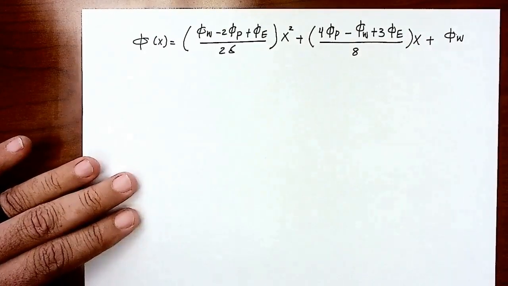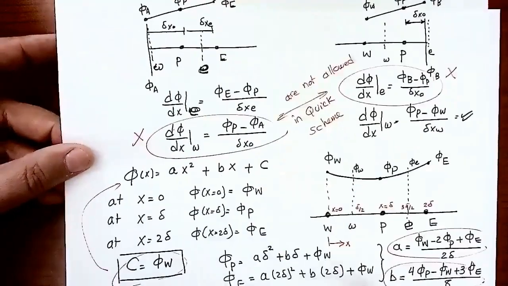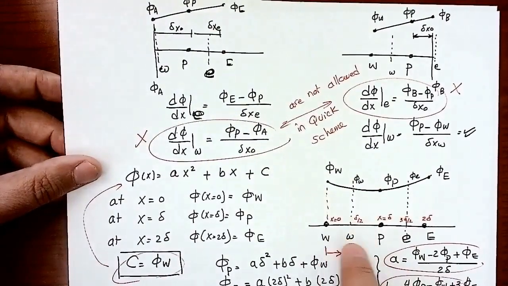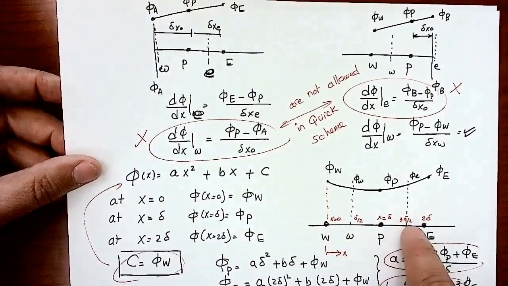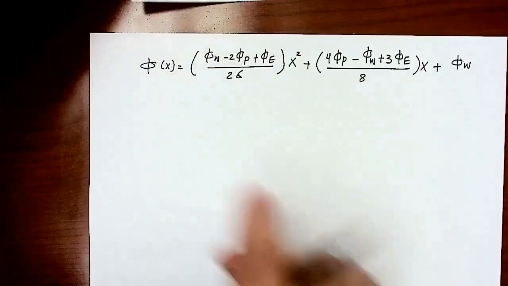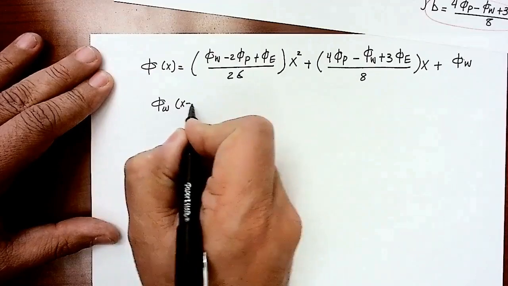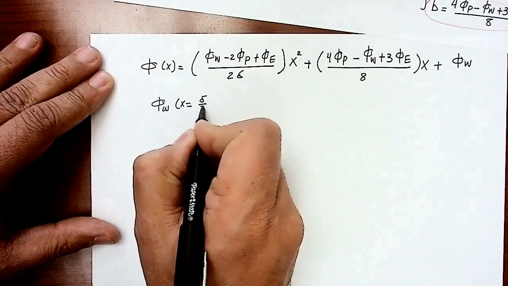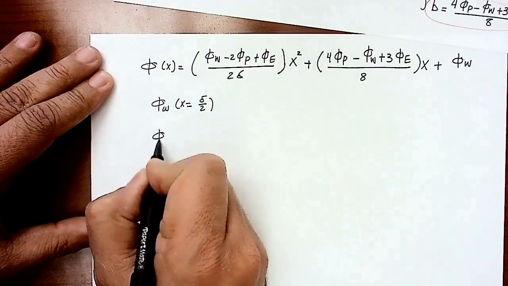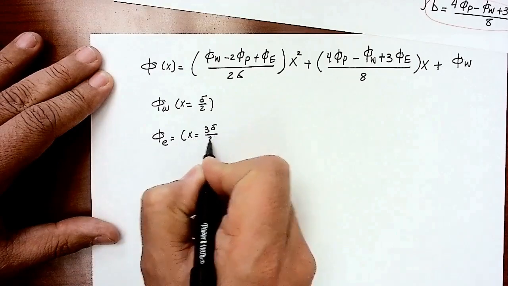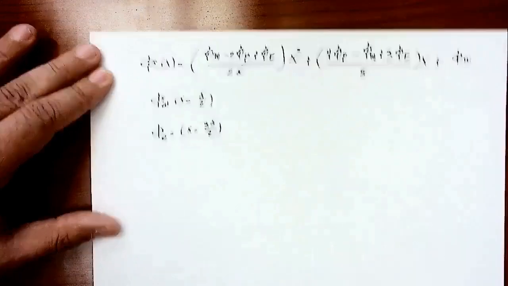Now I need to get the value at the east and west face. If I go back to this diagram, the coordinate of the west face is delta over 2, and the coordinate for the east face is 3 delta over 2. So I'm going to substitute into this equation. If I want to get phi on the west face, I will put x equal to delta over 2. If I want to get phi on the east face, I will put x equal 3 delta over 2 in this equation.